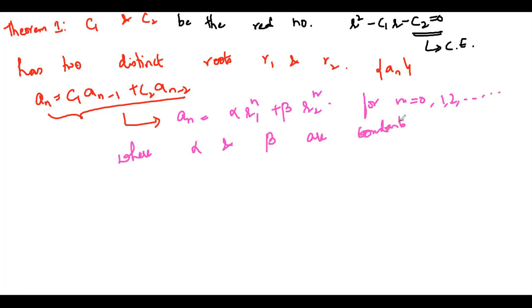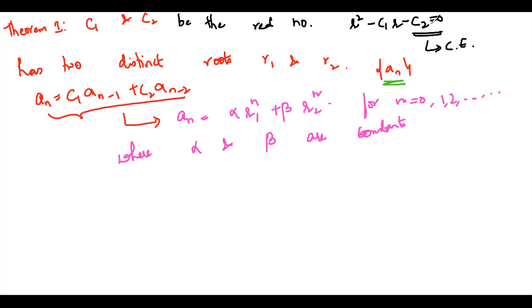Okay. Once again, let me summarize it for you. Over here, we have the recurrence relation or the sequence an, given as C1 a n minus 1 plus C2 a n minus 2. Whenever we have the next term in terms of the two previous terms, we get the characteristic equation, also a quadratic equation, that is r square minus C1 r minus C2 is equal to 0.